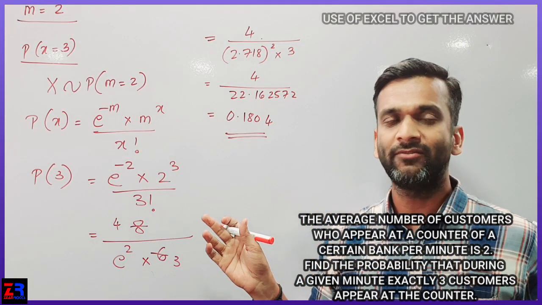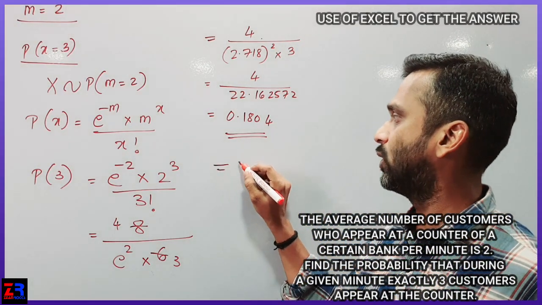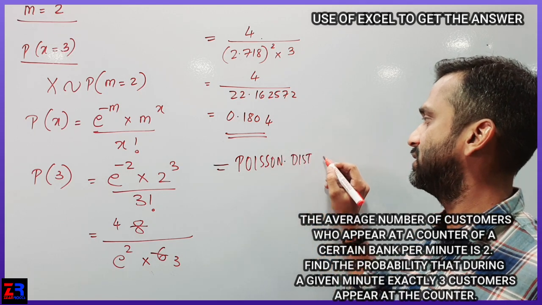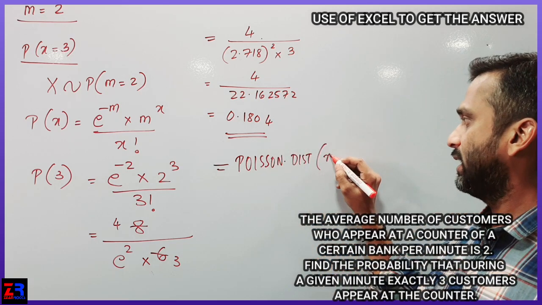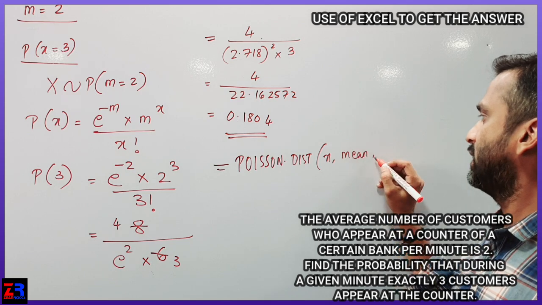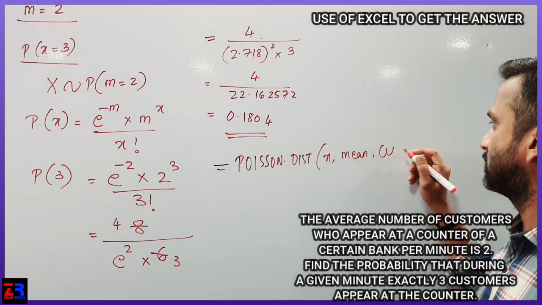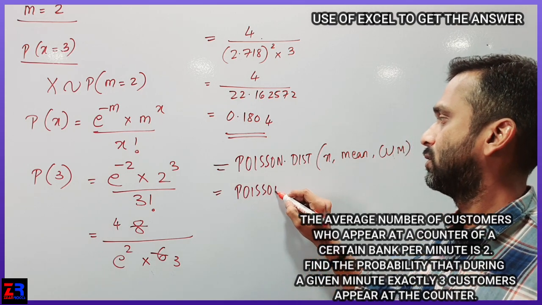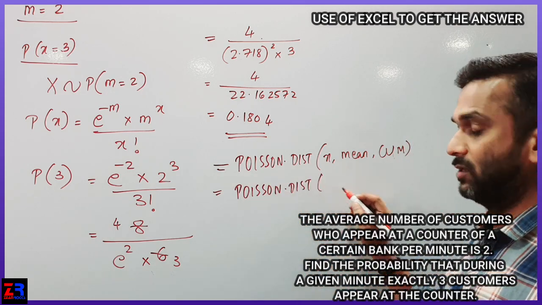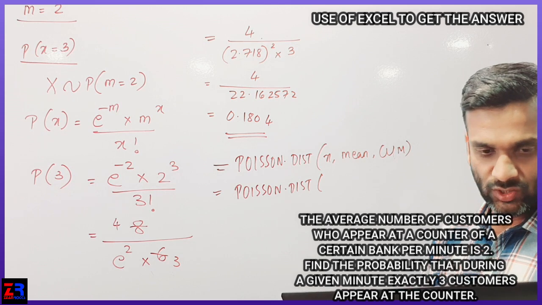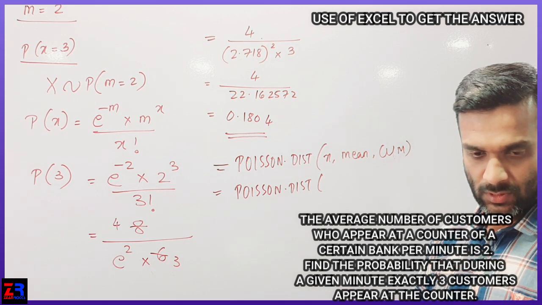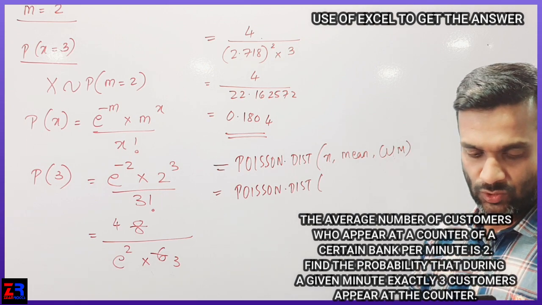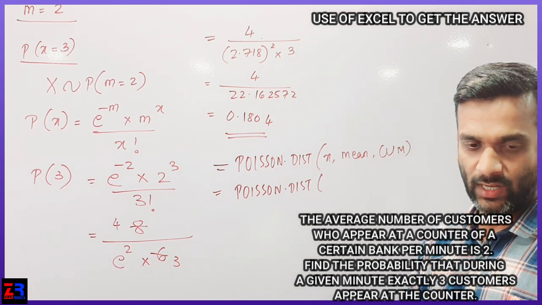The same value we will try to get in Excel. Equal to Poisson dist. You will get x, mean and cumulative, 3 values. So I will write equal to Poisson distribution and double click on that, and you will get these options.